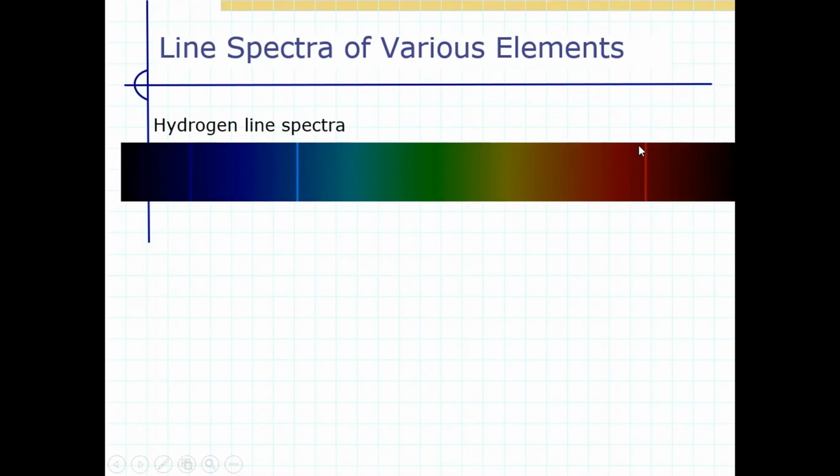One line occurs in the red region, another in the blue, and another in the violet, and all have different wavelengths. So in between there are no lines. This is the discreteness. The intensity shows how bright it is on the scale. So the spectrum is basically the wavelength versus the intensity.